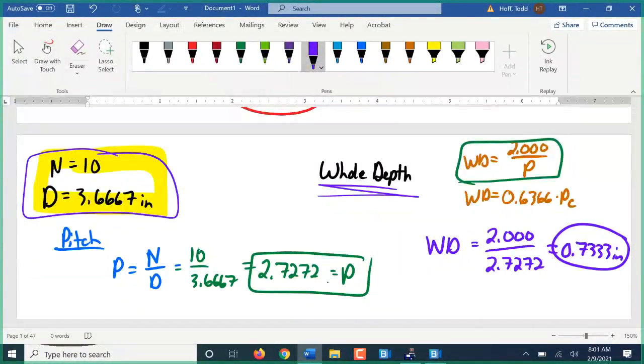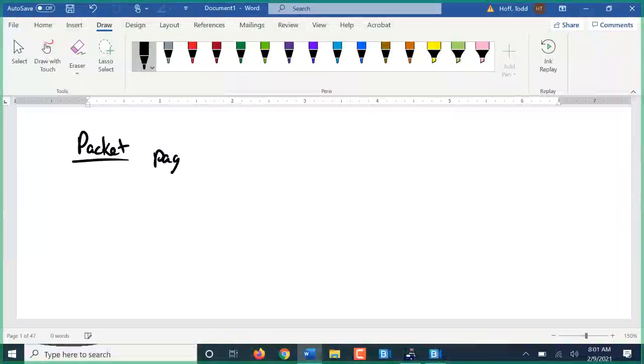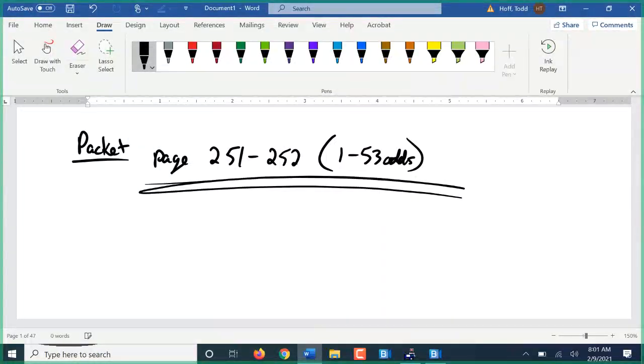So for right now, out of that packet, page 251 through 252, I'm going to have you working on 1 through 53, the odds. Tomorrow, we will finish up all the spur gear stuff.